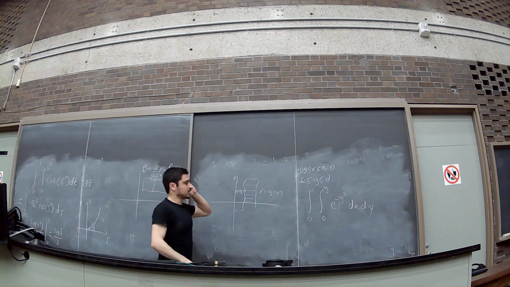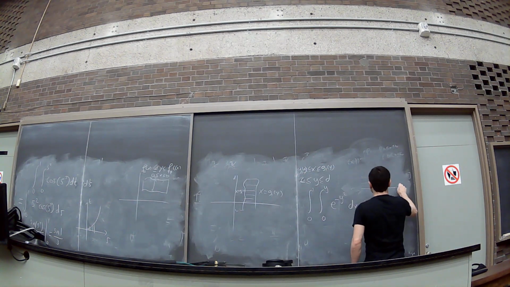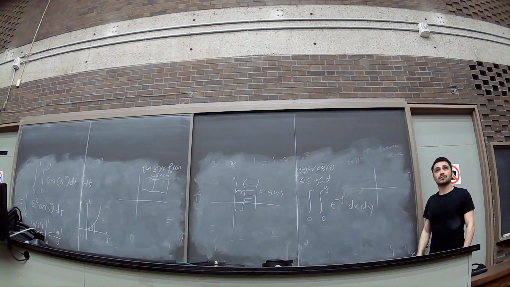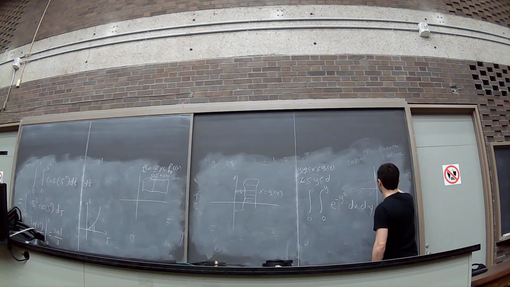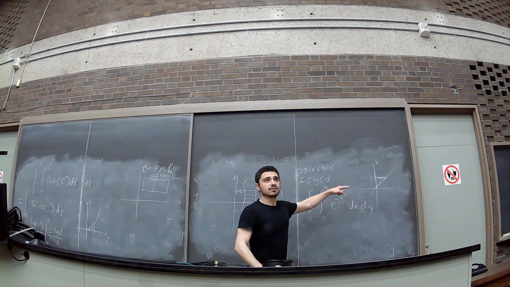So how do I sketch this? x goes from where to where? Everybody? From 0 to y. So you draw the line x equals y. And x goes from 0 to y, and y goes from 0 to 1. This is your region. Do you agree?